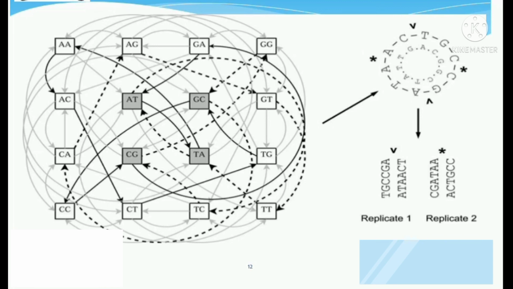We can see the example: the de Bruijn graph for all possible doublets.